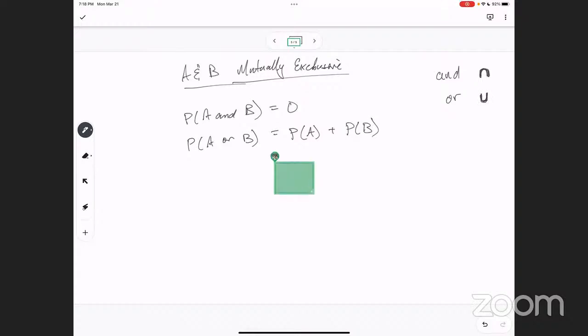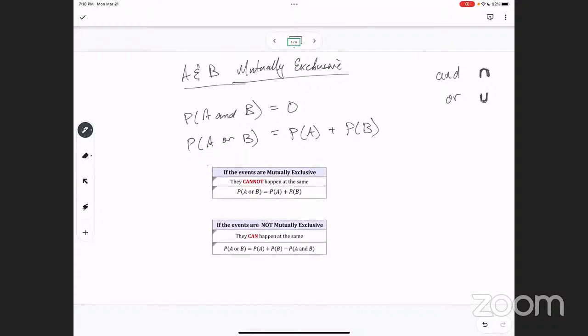Oh yeah, wait, here are these. I got them. Here's an example one. If the events are mutually exclusive, you don't have to worry about this, because this is just equal to 0.